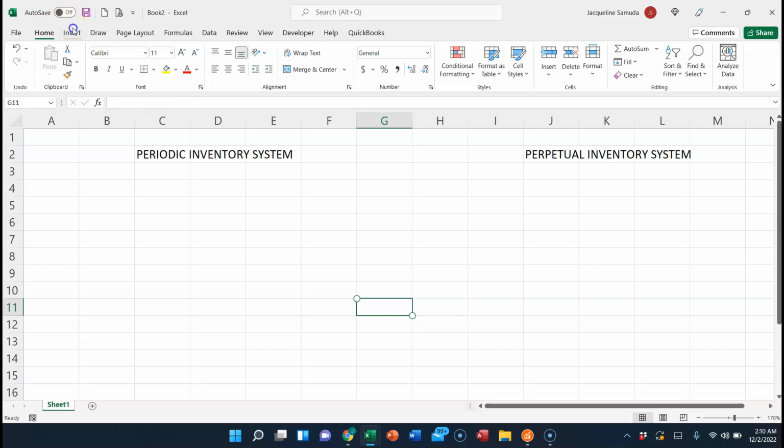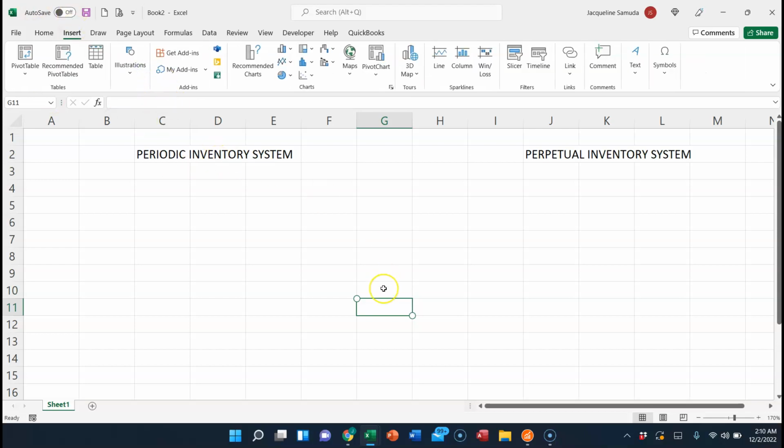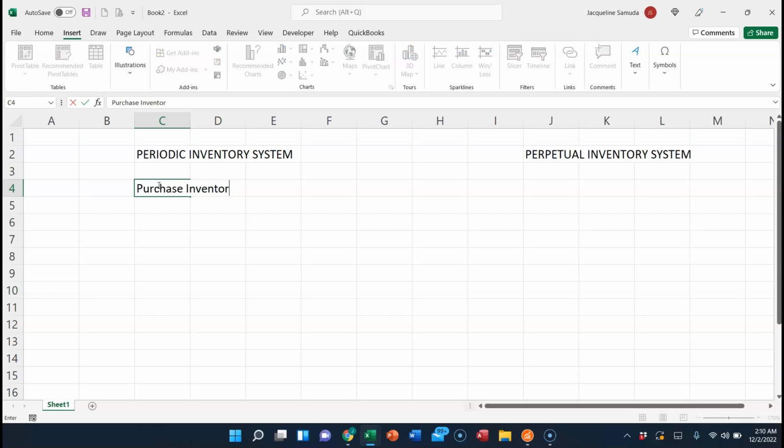Now, in your earlier accounting days, including your CSEC, if you did CSEC accounting, we would have told you the following. If you want to purchase inventory, and in some books it's called merchandise, this is the journal entry you use.